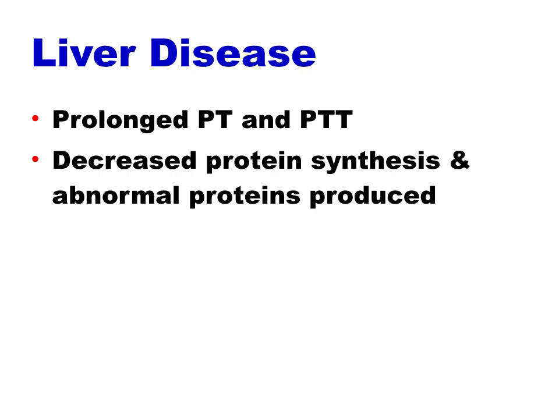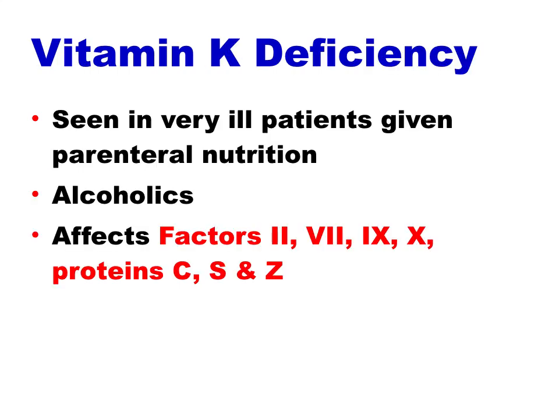Liver disease, since the liver produces most of the coagulation factors, you would observe that there is prolongation of PT and PTT. The reason behind this is decreased protein synthesis, or even if there is a normal amount of protein being produced, those proteins are structurally or functionally abnormal.